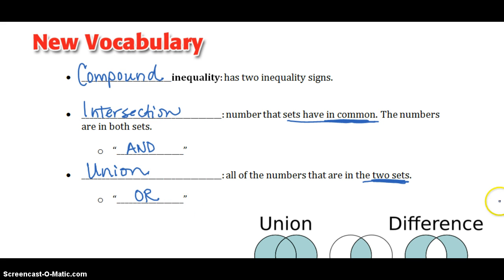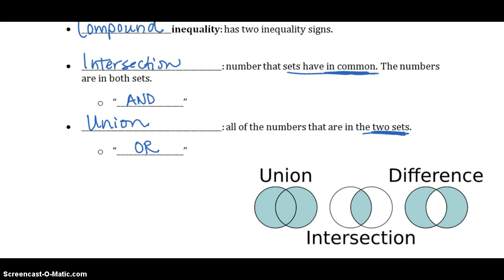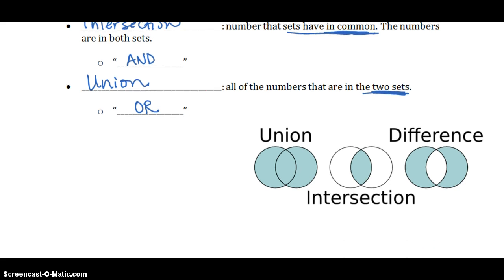I have a Venn diagram at the bottom of your paper to help you think about this. A union is everything. If it's an intersection, the solution is only where the 2 overlap. And then the difference would be what is left over. So we're going to focus on the first 2, union and intersection.